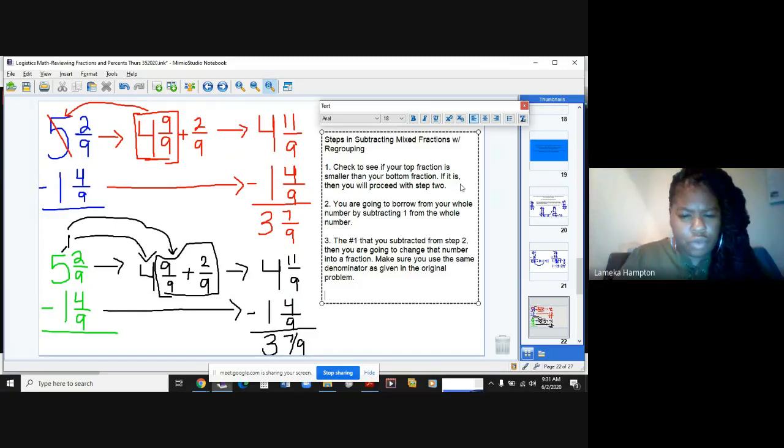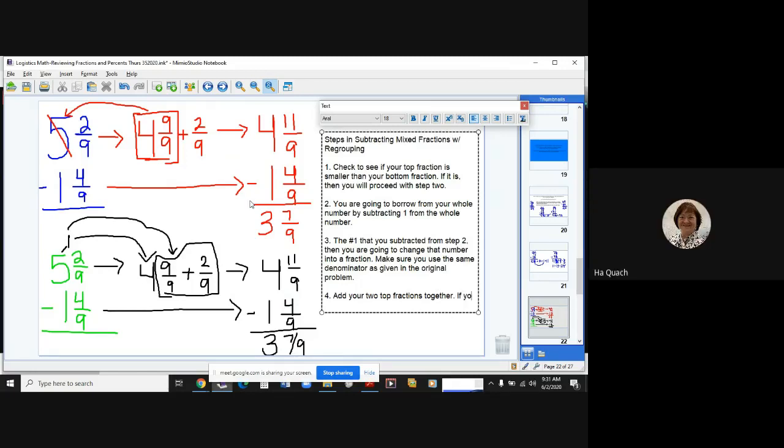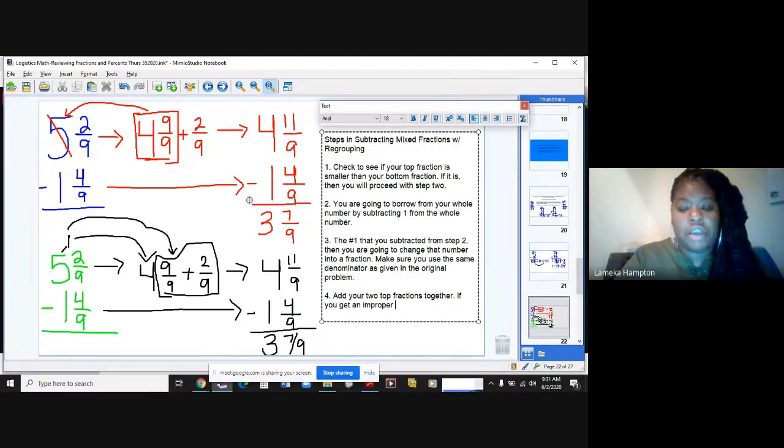Okay, step 4. You're going to now add your two top fractions together. So let me make sure I put that. And let me say this: if you get an improper fraction, that's okay.